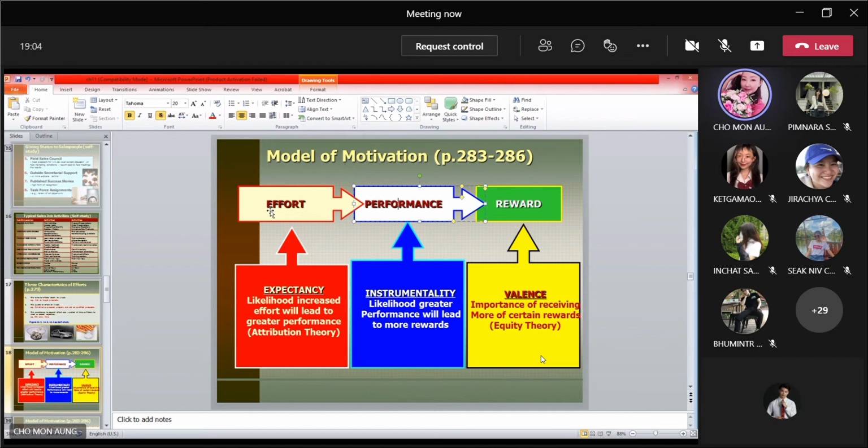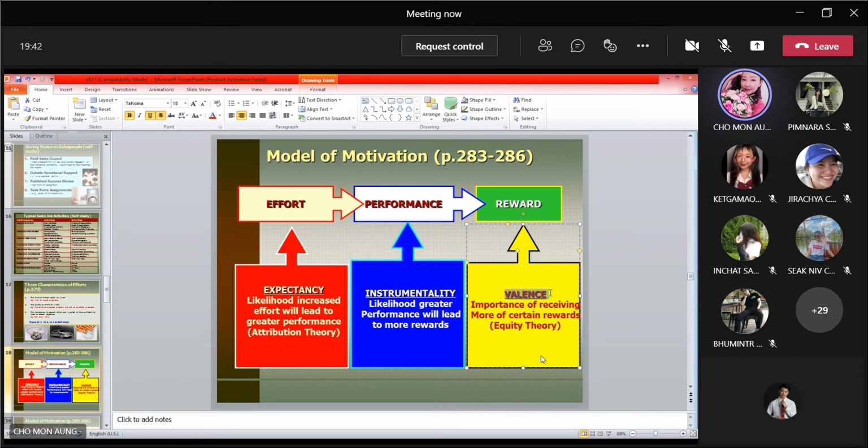When our performances are better and better, we can expect more and more reward. For some people, receiving the reward is very important, but for some people, they do not expect to receive the reward. They don't think that is important. What is important for them will be something else, for example, getting respect or recognition from their co-workers and the management. Is that okay? Yes.